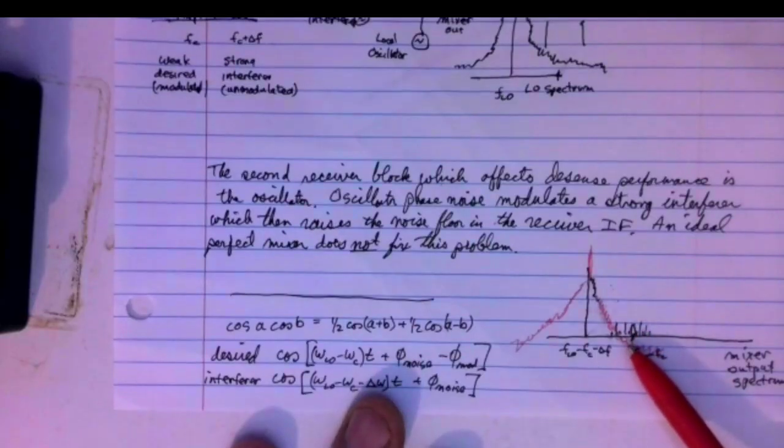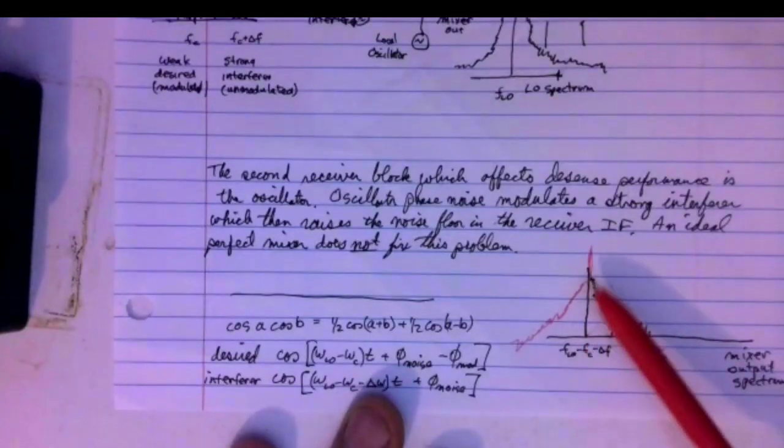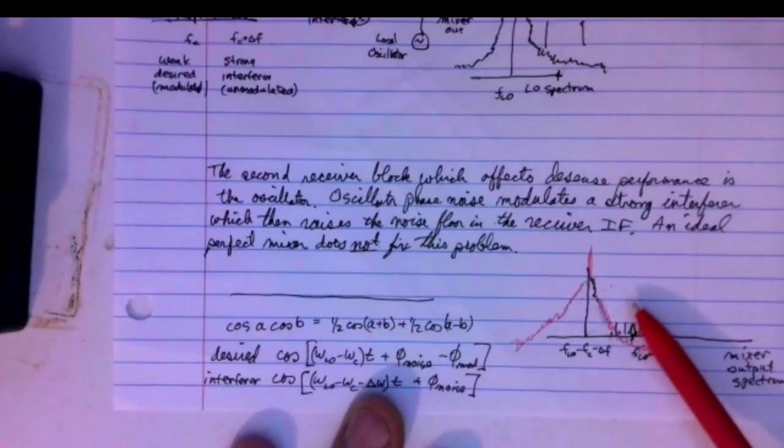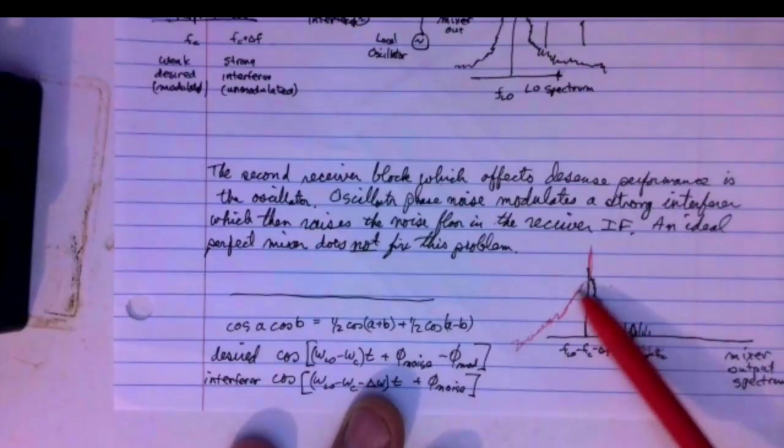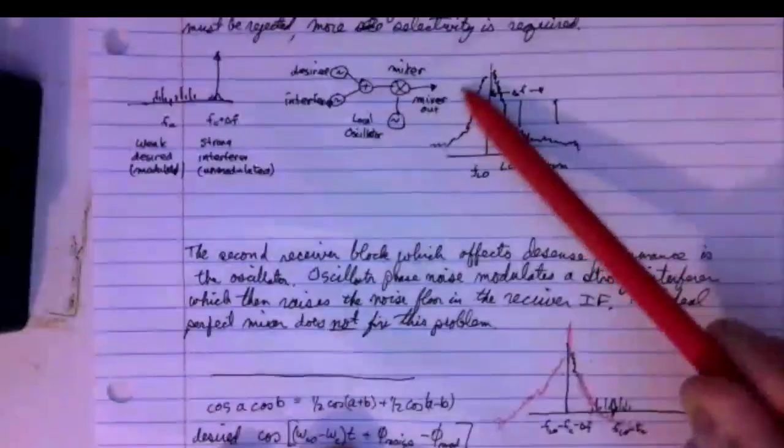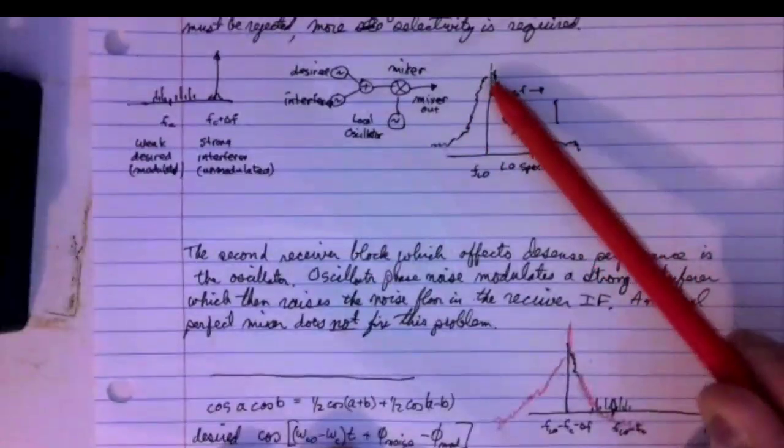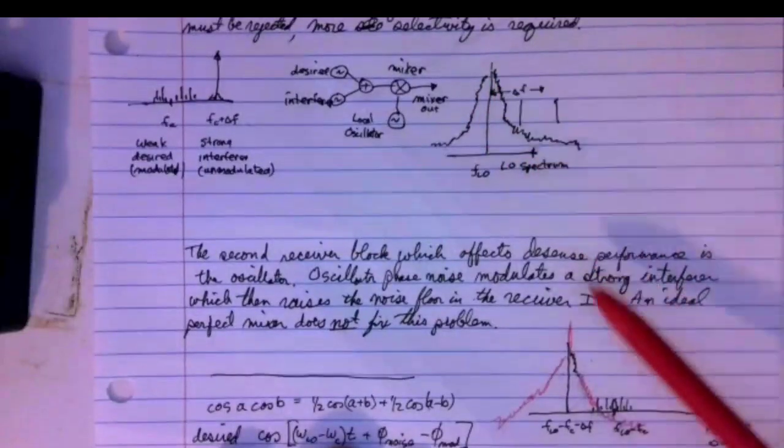When you do your hum and noise test, which we talked about in a previous section of this video, then you don't have the interferer anymore. You turn up the amplitude of this guy, and when you turn off the modulation, all you've got is the close-in phase noise, which ends up modulating your desired signal.